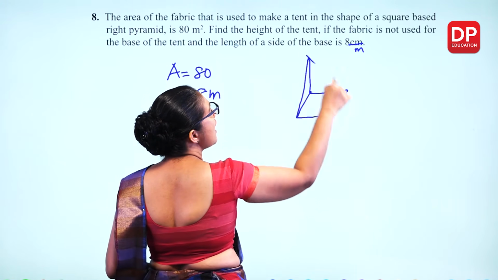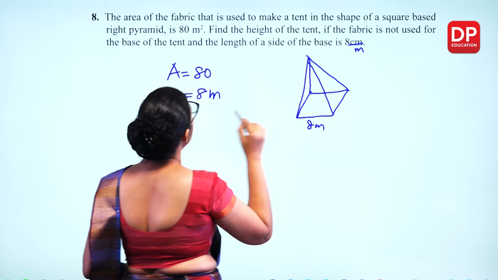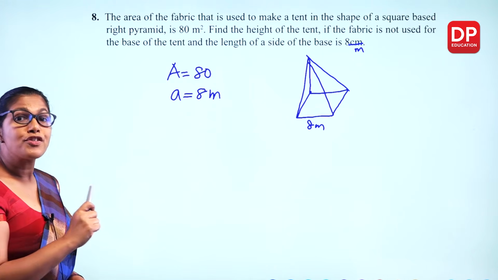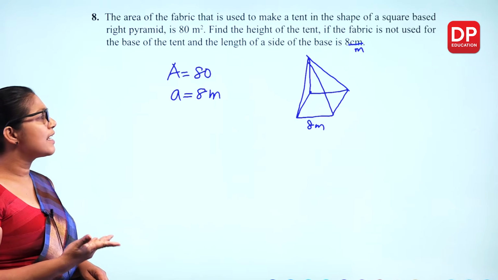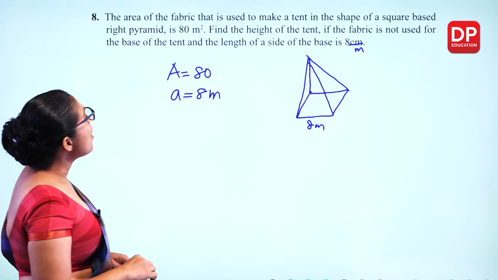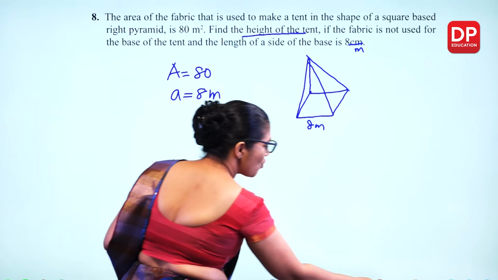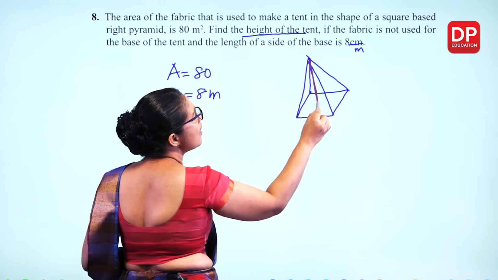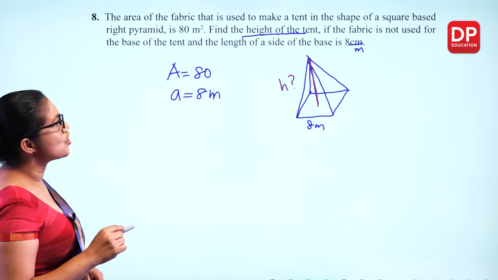When you sketch the diagram, A is 8 meters given and the area for the 4 triangles is given, 80, because the base is not given. So you are asked to find out the height of the tent. So if the perpendicular height is h, you need to find out h.